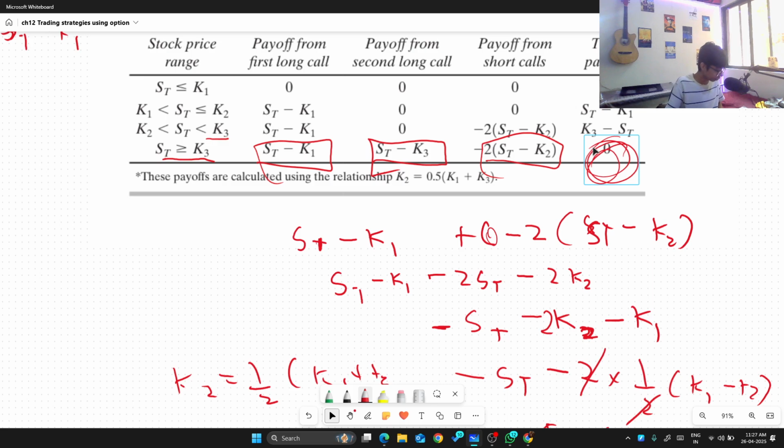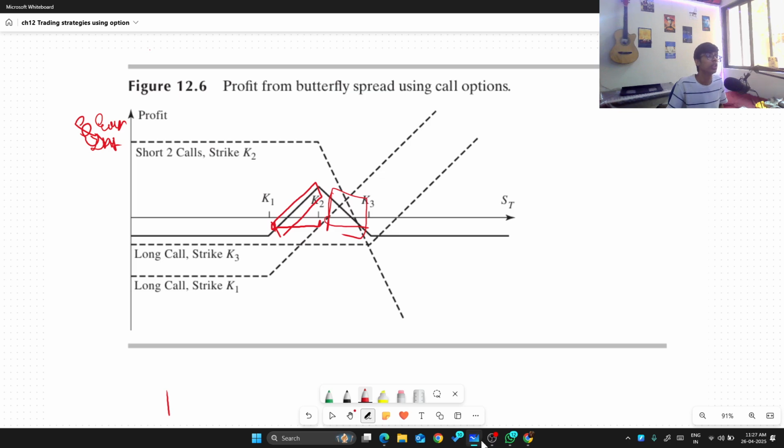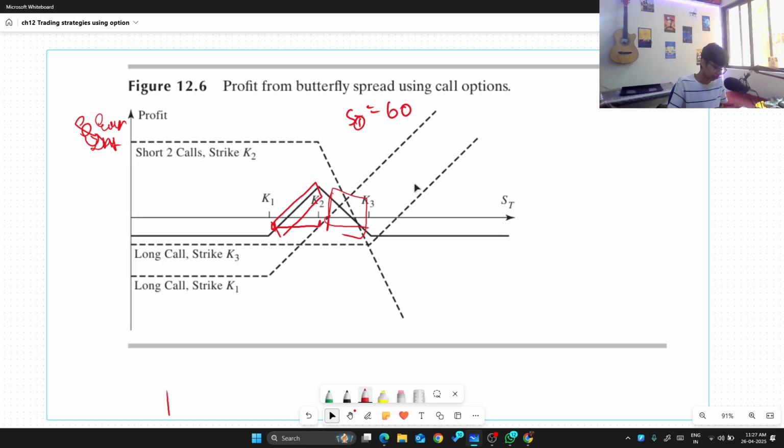And that's how a butterfly works. If X0 is 60, and we want the price to end up in between, and we have to earn money, then we will create our butterfly spread, and it would be beneficial for us.